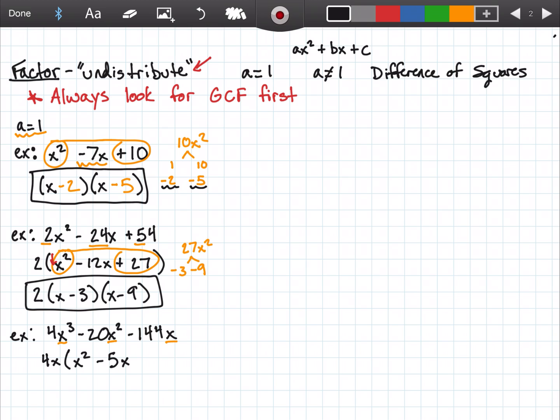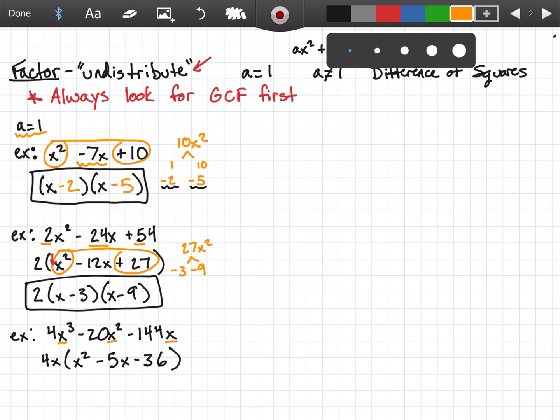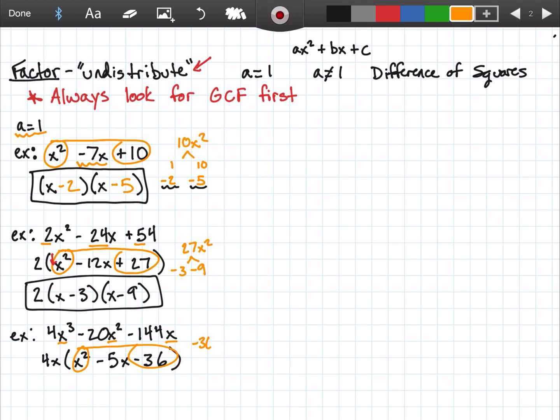What is 144 divided by 4? 36? Okay, what multiplies to negative 36 and adds to negative 5? Let's see, 3 and 12, 4 and 9. Hey, there it is. Just strap a negative on that 9. GCF stays out front, and then I got x plus 4 and x minus 9.